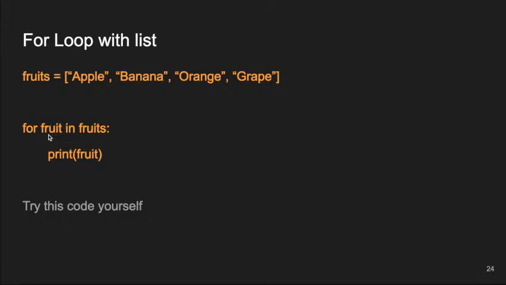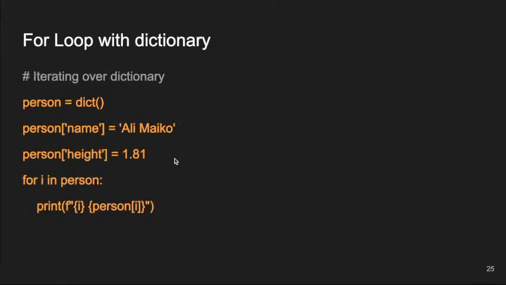That's what this fruit here is. One item inside this list, or one fruit inside this list. Okay, so try this yourself and see. You can also loop through a dictionary this way. So you see here that we have a dictionary. In this case, we declared an empty dictionary this way using the dict function.